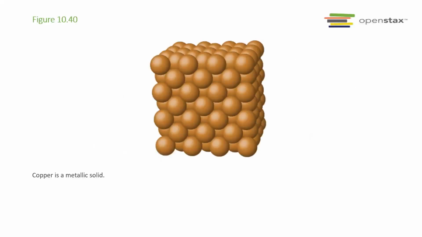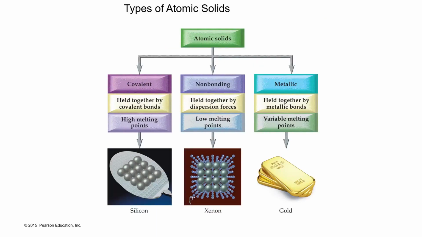Copper is a metallic solid, and this is just a picture of that. So covalent atomic solids are held together by covalent bonds, and they have high melting points because covalent bonds are really strong. Non-bonding are held together by dispersion forces, and those have low melting points. And metallic are held together by metallic bonds and have variable melting points.